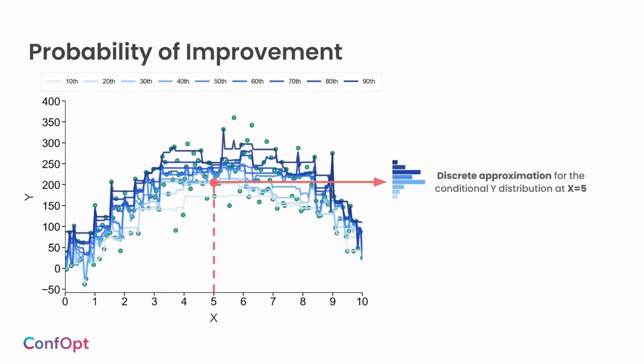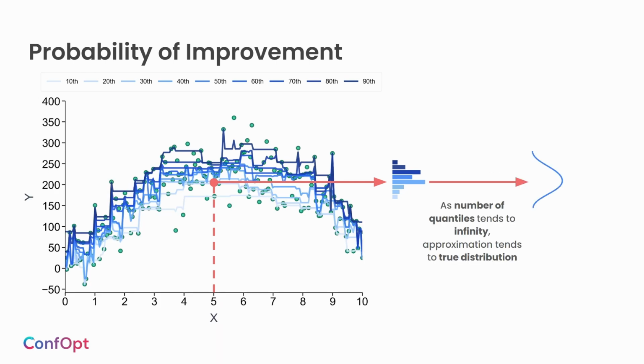And for enough quantile regressions, if I trained an infinite amount, or 1,000 or something, then theoretically, if they were all well calibrated and predicting the right value, this approximation would tend to the true distribution, the full continuous distribution.